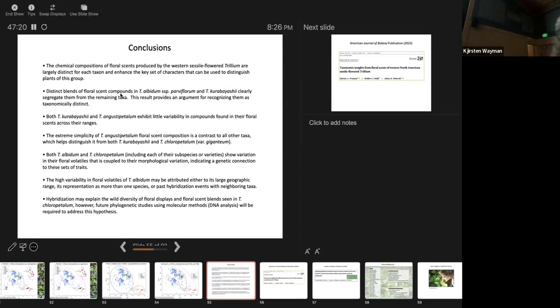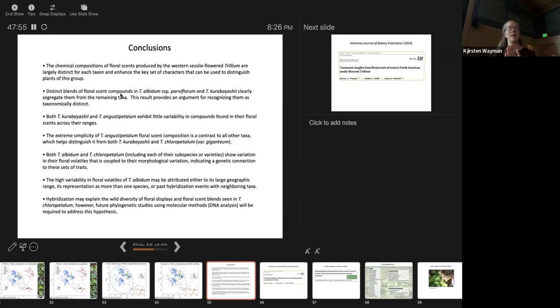Both Trillium albidum and Trillium chloropetalum had large variation in their floral scents, and they also, as I pointed out, have large variation in their morphology. So we can see that the variation in floral scent couples to the variation in morphology, and so maybe there's a genetic connection to these traits. In terms of Trillium albidum, that high variability in both floral scent and morphology could be due to the fact that they occur over a large geographic range.